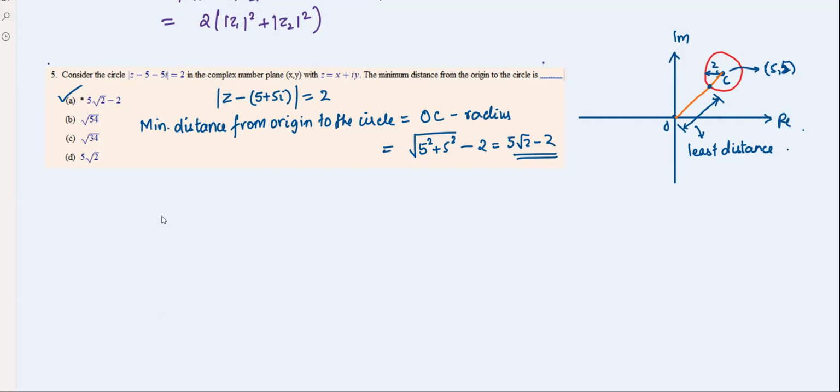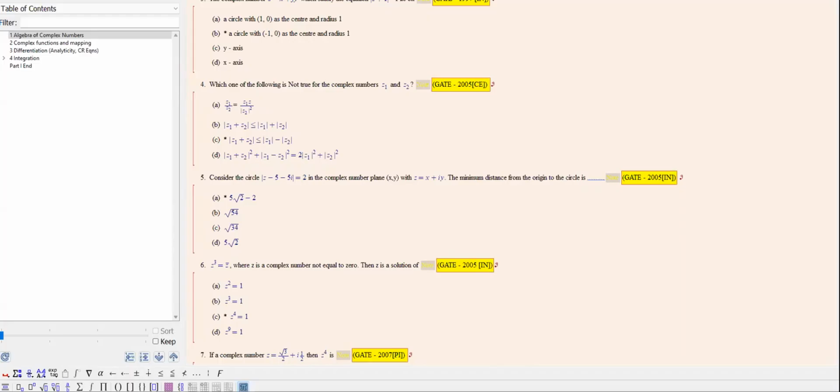Okay. This was conceptual. If you understand how the set of complex numbers is defined, based on that, we will easily be able to solve it. I'm purposely going through the whole set.